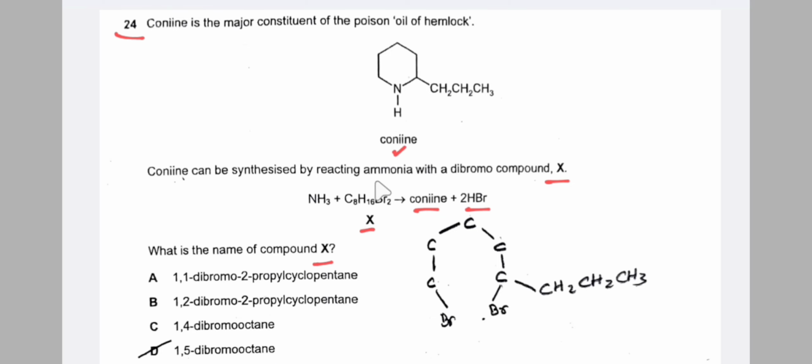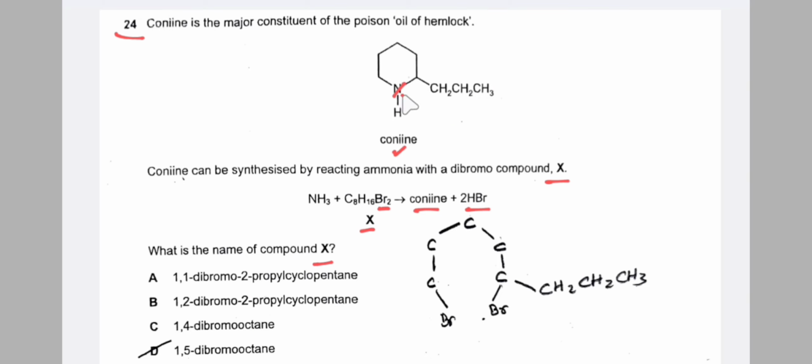To find X, if we compare, we can see that choline has no Br, but X contains 2 Br, and X has no NH, although choline does.